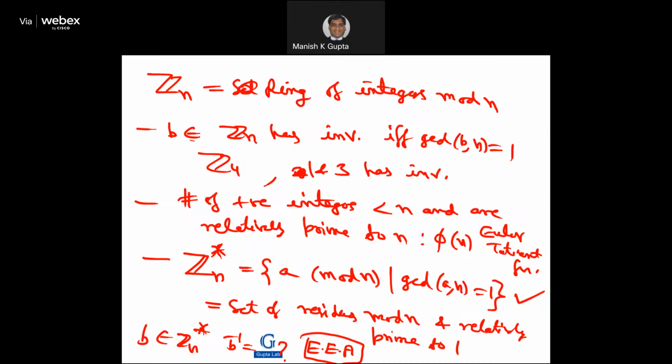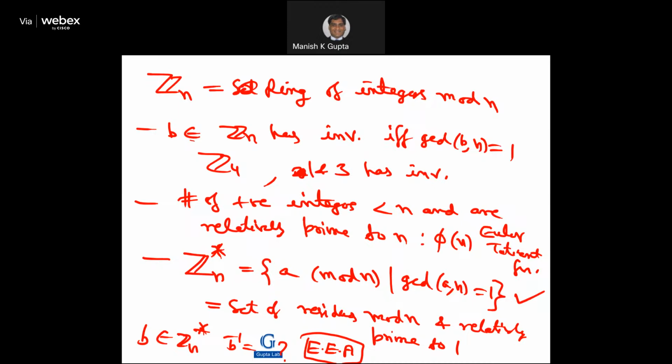So if I ask you to find an inverse of an element, we need an algorithm for finding an inverse of an element in Zn. It is quite useful. There is an algorithm known as the extended Euclidean algorithm, EEA, to compute this inverse, which I am going to tell you now explicitly, how to find the inverse of an element if it exists.